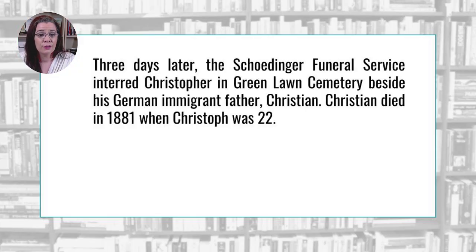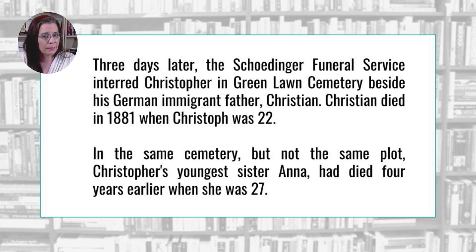It gets better. 3 days later, the funeral service interred Christopher in Green Lawn Cemetery beside his German immigrant father, Christian. Christian died in 1881 when Christoph, or Christopher, was 22. In the same cemetery, but not the same plot, Christopher's younger sister, Anna, had died 4 years earlier when she was 27.